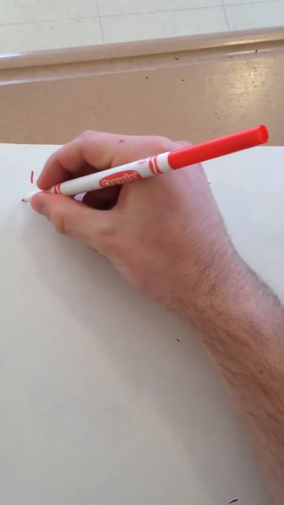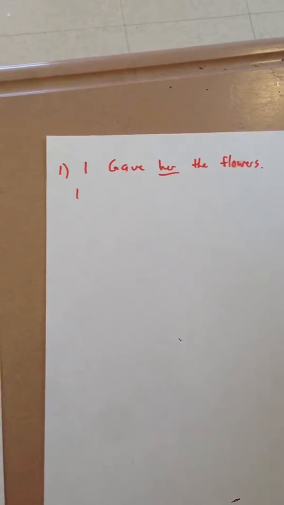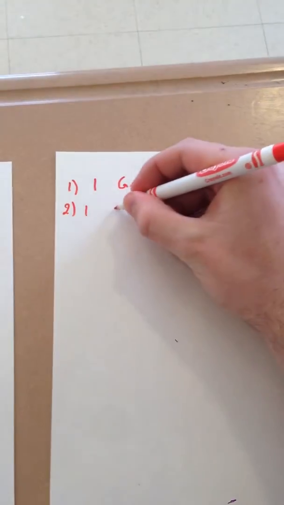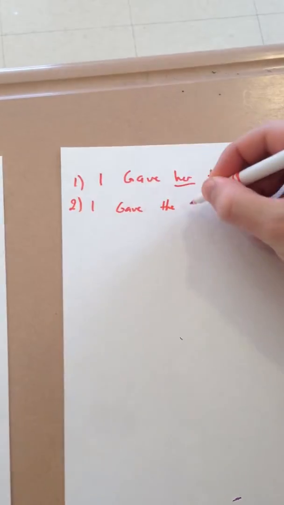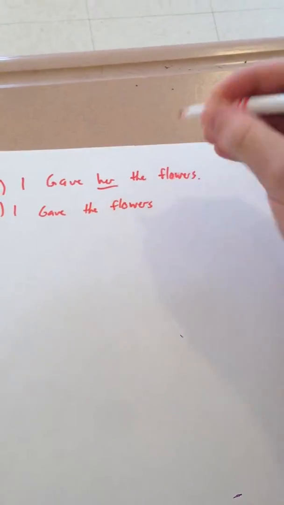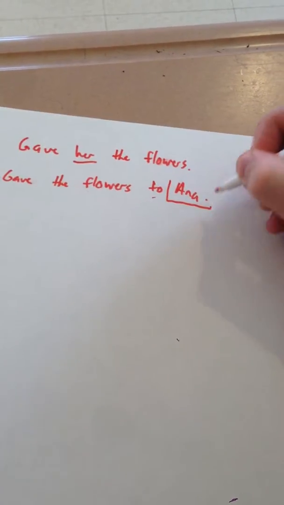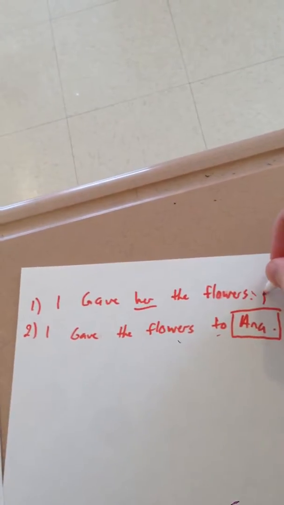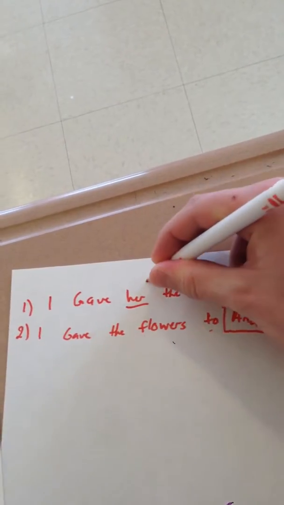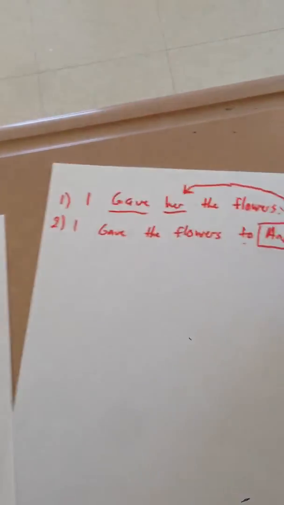This first sentence is a faster way of saying I gave the flowers to Anna. We took our indirect object, I'll explain what that is in a second, Anna, and we took another word, her, and replaced Anna with her and put it directly after the verb of the sentence.